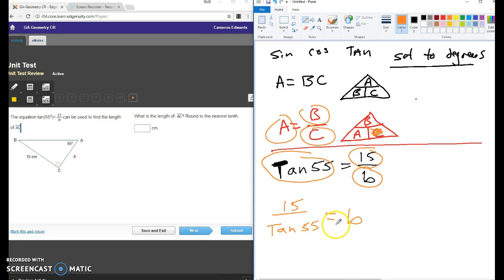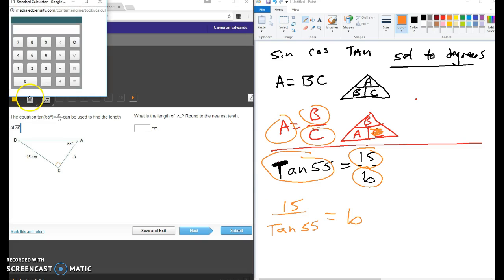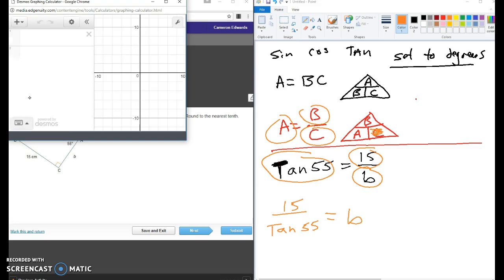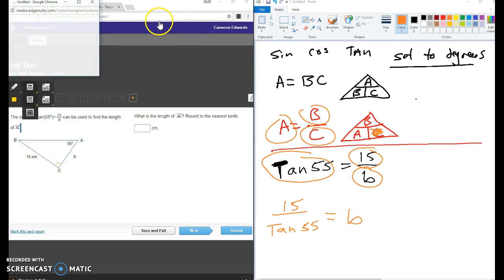Now that I've done that, all I've got to do is plug it into my calculator. So I come over here to my calculator, and I don't want to use that one. I'll use the scientific one. I got to have the screen up. Come on, screen. Don't be acting jacked on me. I'm going to close you and do it again.